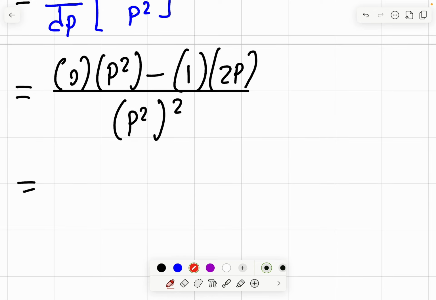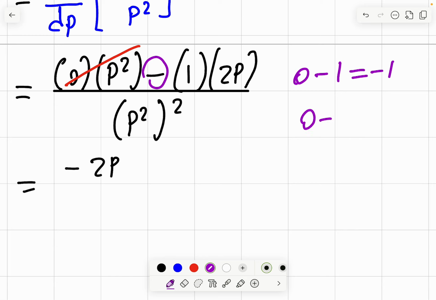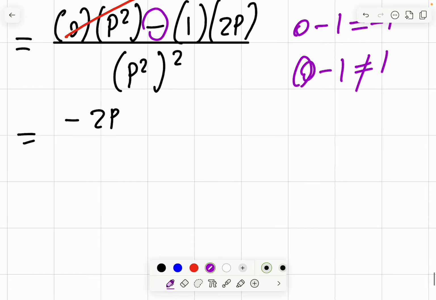So this one is 0, meaning I'm going to be left with negative 2p. Don't ignore this negative. It's very important, because 0 minus 1 equals negative 1. Don't say 0 minus 1 is 1, because 0 is nothing. No, press your calculator to ensure whatever you are saying is really true.